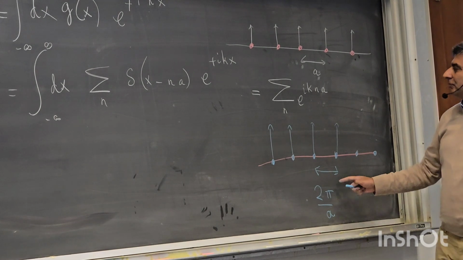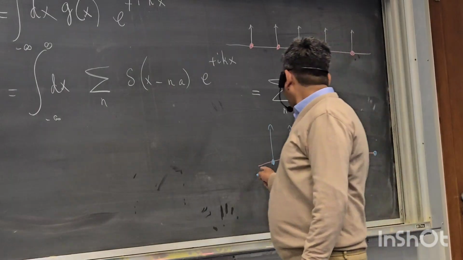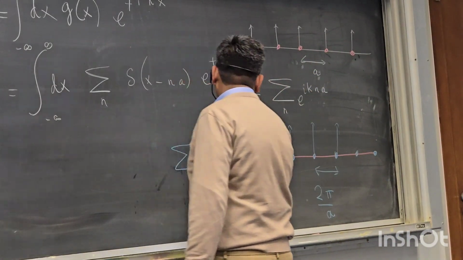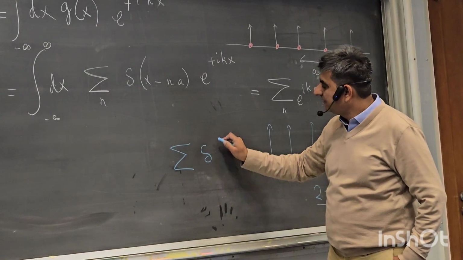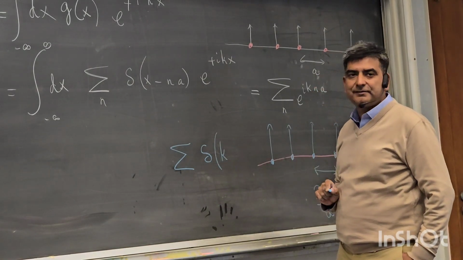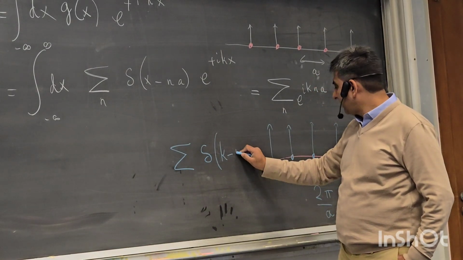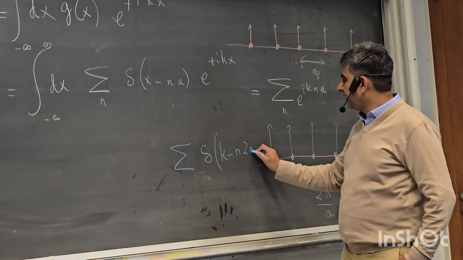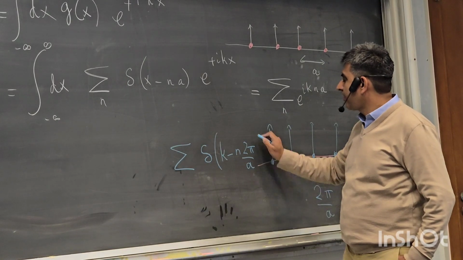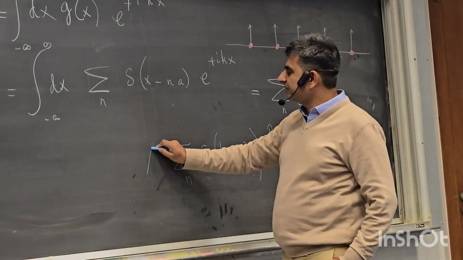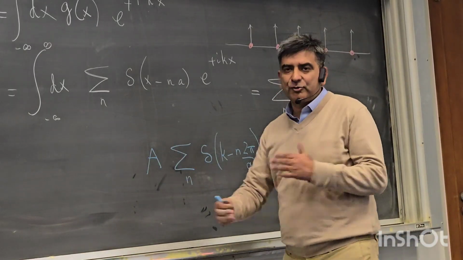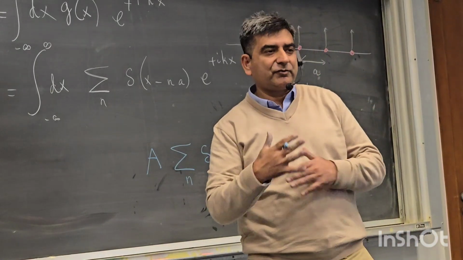Now if I were to write down this function, it's in the K space, a sum over n of delta of k minus n 2 pi over a. And there could be some constant with it, we don't know where. There could be some constant depending on how the Fourier transform itself is defined.